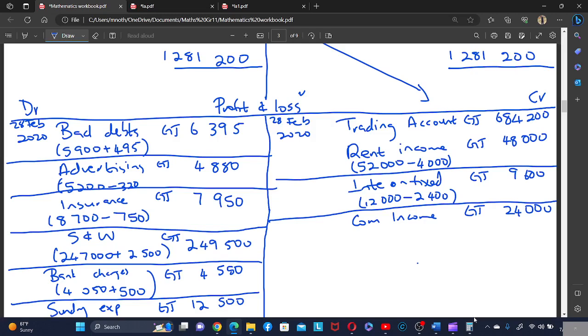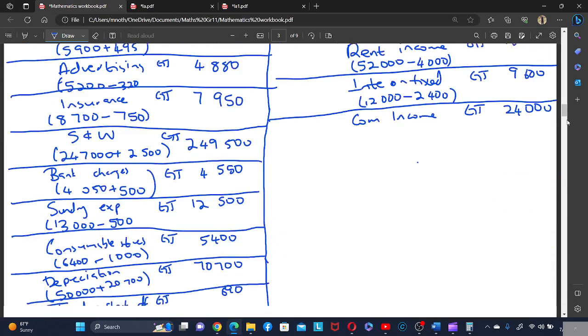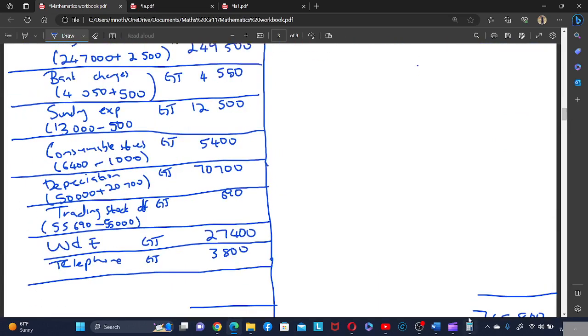So this is giving us 700,000. We have to equate with the bigger side, so it is 765,800. Now we want to check how big it is by how much. So we have to find the difference.